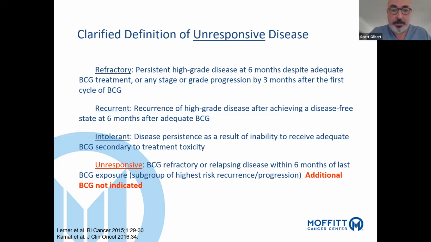And if they fall into that category, there's really no reason to give additional BCG because they've received so much of it. We have low confidence, and the statistical probability that they would have a durable or meaningful response to a third induction or a repeat induction after 2 years of maintenance treatment is extremely, extremely low.